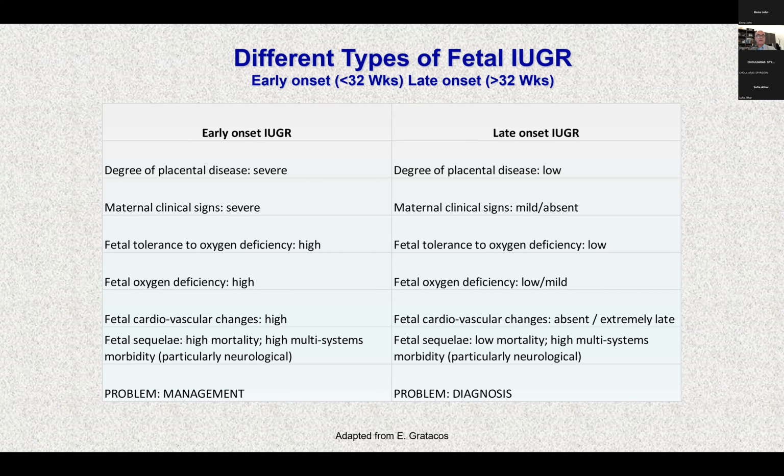And particularly, we can induce the maturation of the lungs in the fetus, and take out the baby, the fetus, in this kind of challenging situation that can produce fetal sequelae.